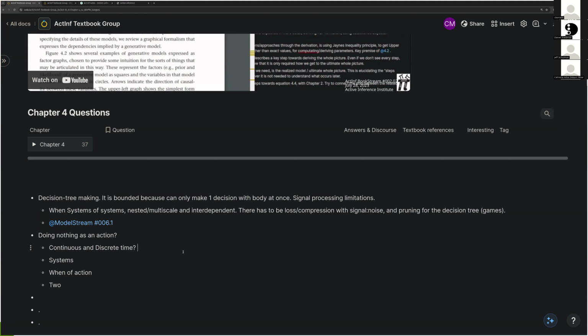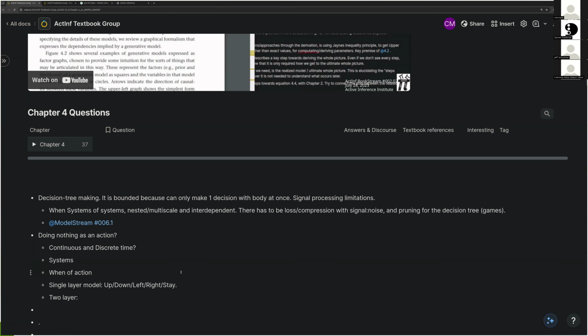Like, how is doing nothing dealt with? Let's just say we're in a grid world movement. Sometimes do nothing is incorporated as an affordance. So there's up, down, left, right, stay.